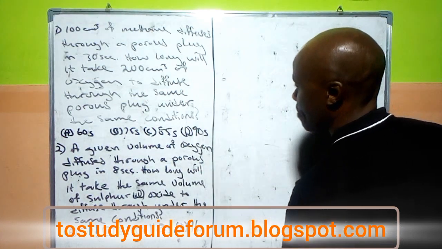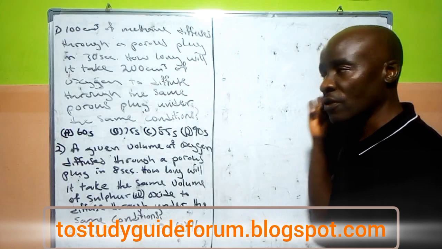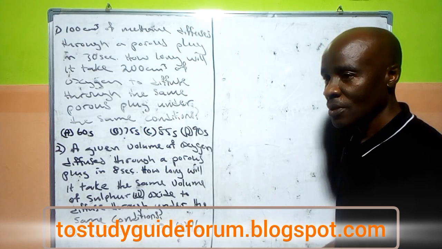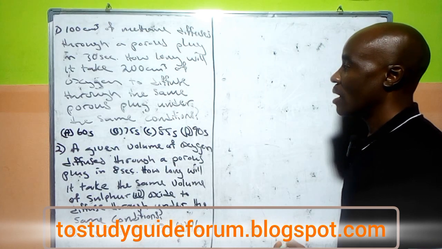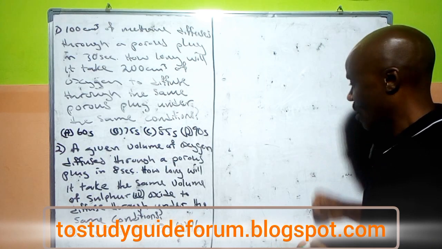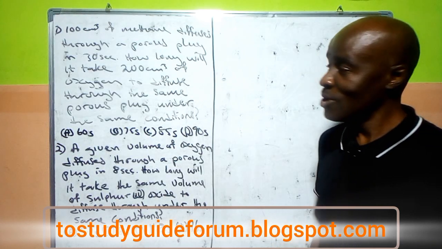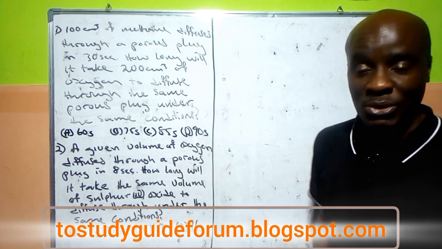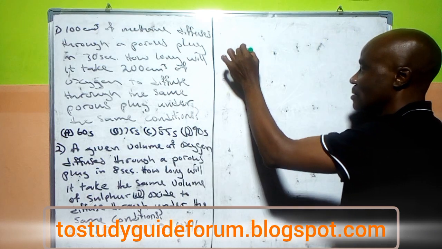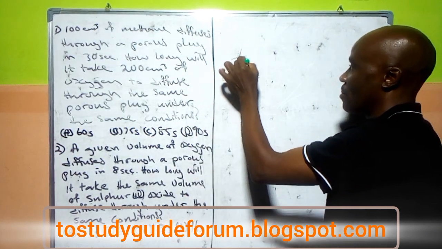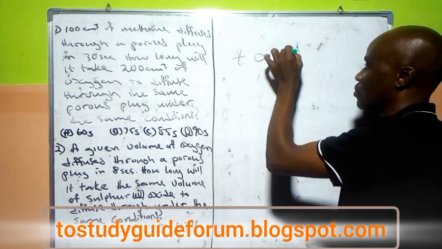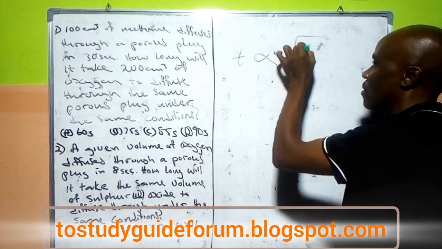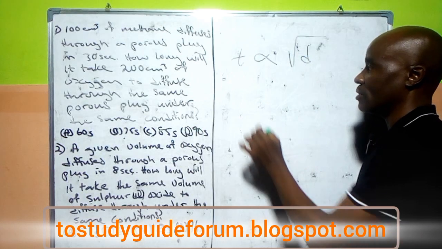In terms of time, according to Graham's law, the time of diffusion is directly proportional to the square root of vapor density.